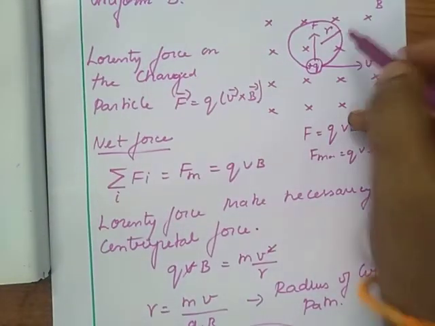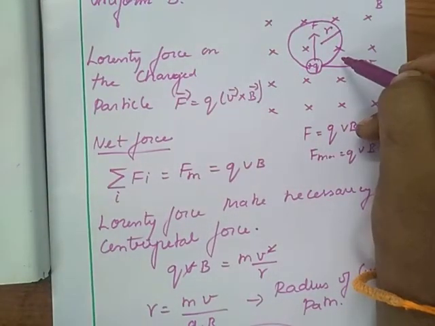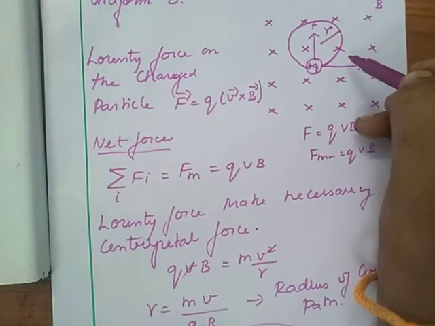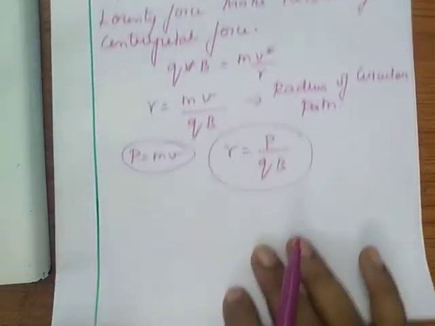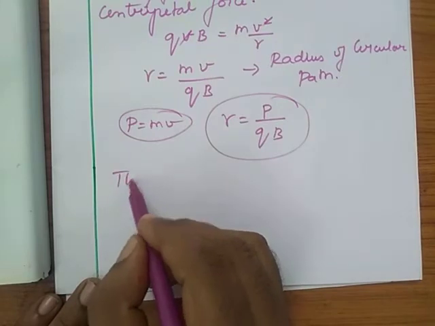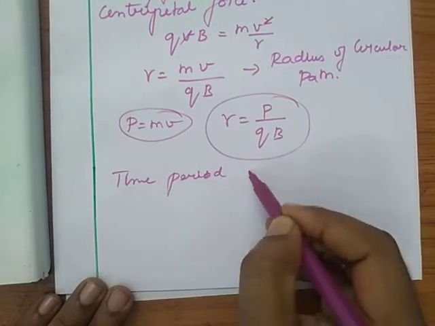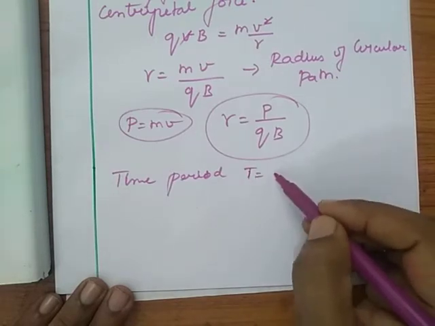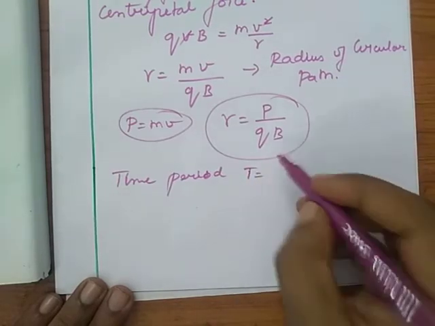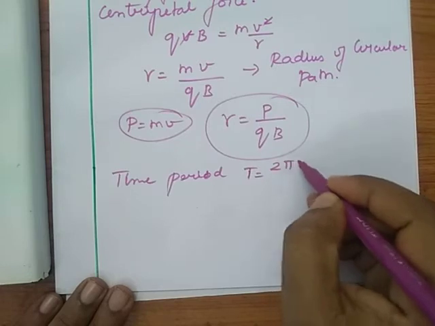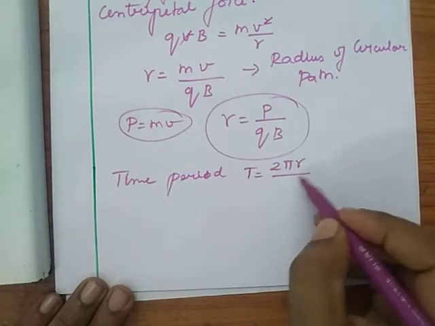For one complete rotation it takes a velocity v and time period T. Let us see the time period. T, time, is equal to distance by velocity. Here the distance is 2 pi r, the circumference of the circle, divided by velocity v.